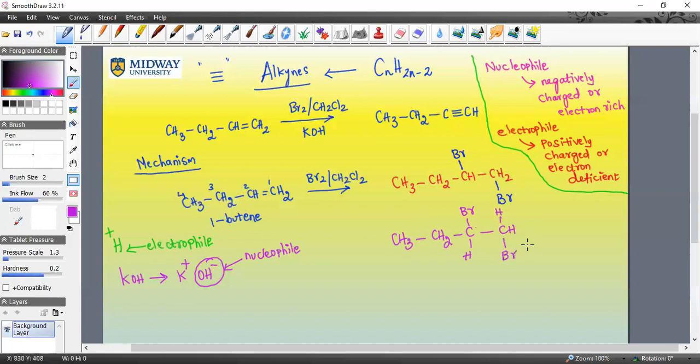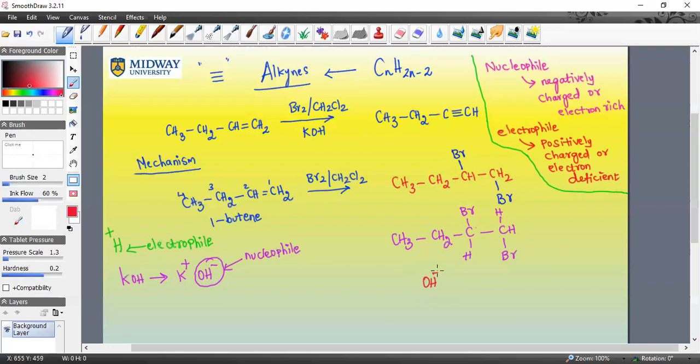Now let me go get a different color. Now what happens here is it's a two-step process, but it all happens like it happens in one step. So the OH minus comes. Keep in mind, the bottom structure is no different than the top one. It's just a little bit more expanded than the top structure.